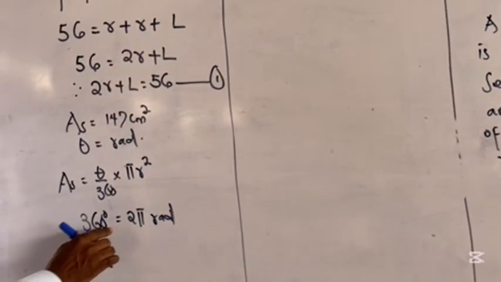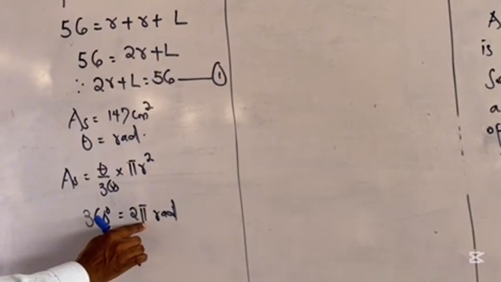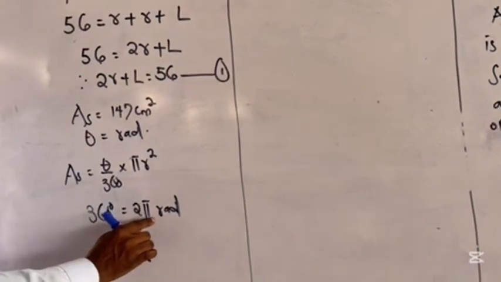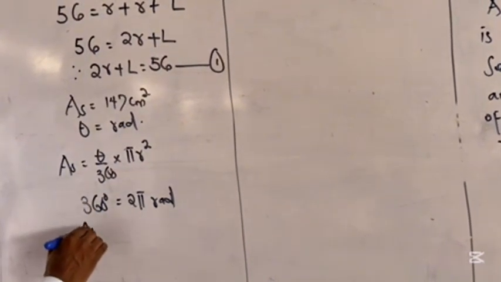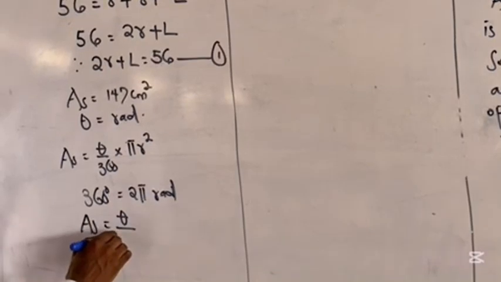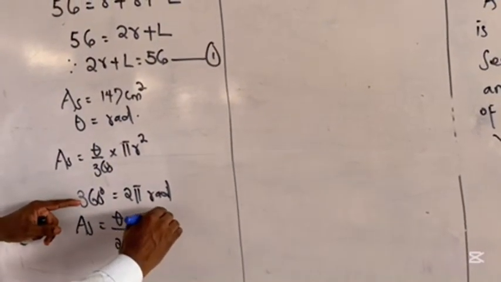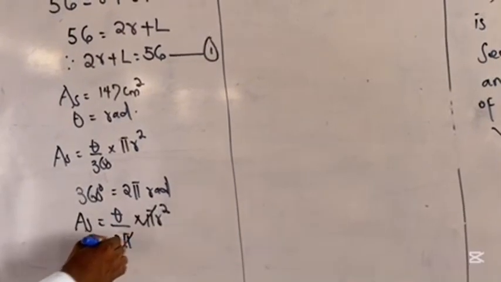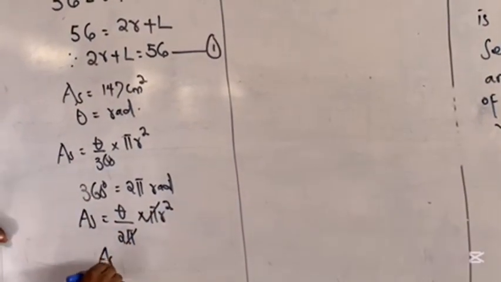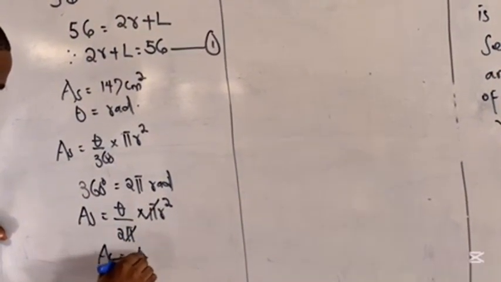Therefore, in place of 360 degrees, I can replace this with 2 pi, so that we're moving from degrees to radians. So I have area of sector equals theta over 2 pi times pi r squared. So pi cancels with pi, and the area of the sector now becomes theta r squared over 2.